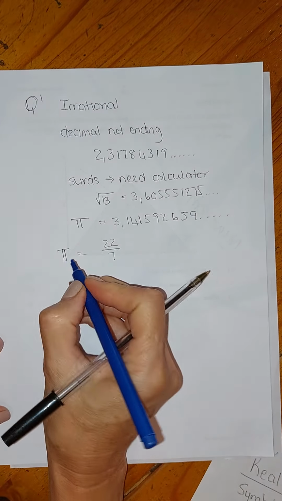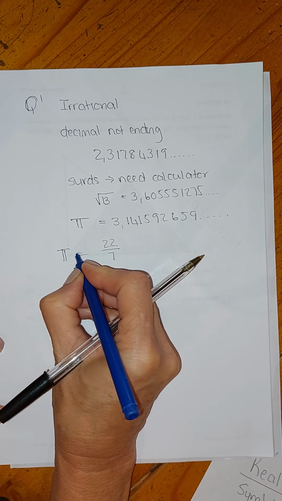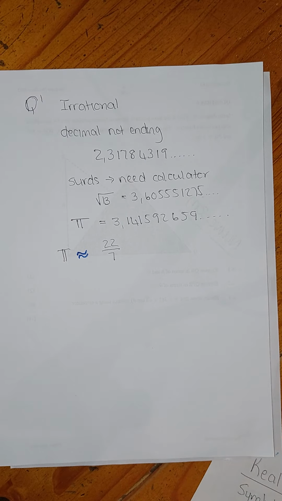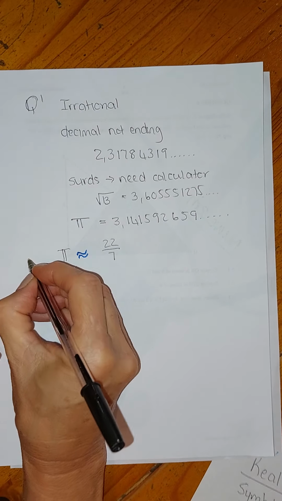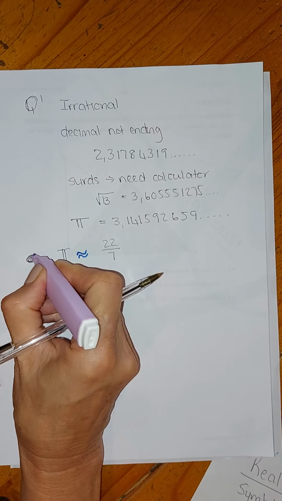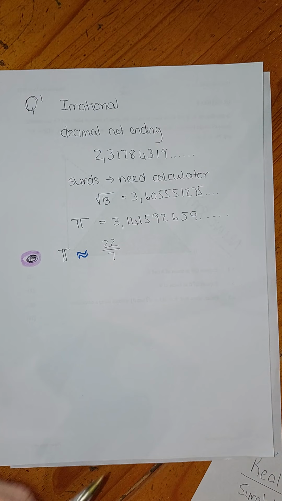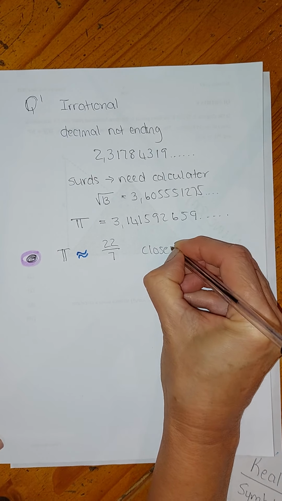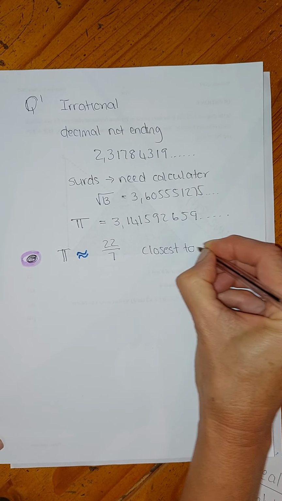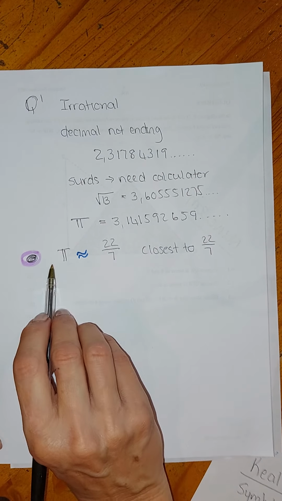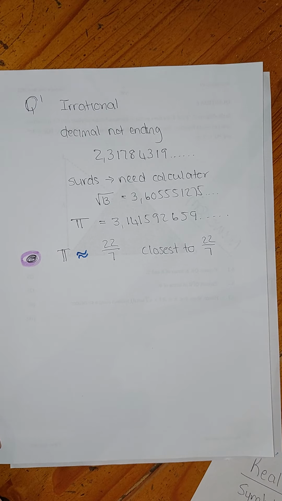The reason is that pi is not equal to 22/7, it's almost 22/7. It's the closest fraction, but not exactly. That is why pi is an irrational number.